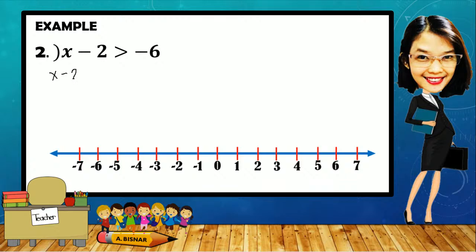X minus 2 plus 2 is greater than negative 6 plus 2. Again, kung ano yung ginawa sa kaliwa, gagawin din sa kanan. So, this will be 0. What's left? Ano yung natira sa kaliwa? X na lang is greater than negative 6 plus 2. What will be the answer?